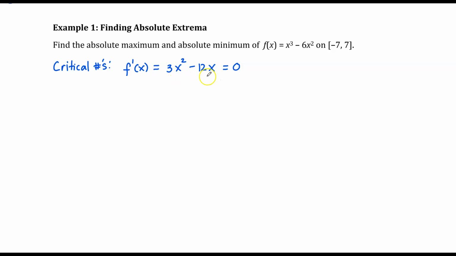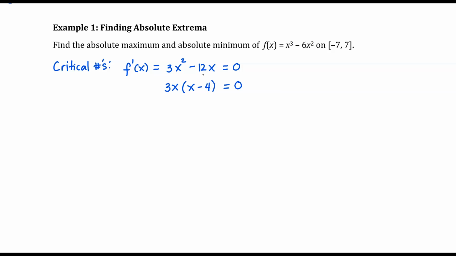Now, to find the zeros, we have to factor this expression. The common factor is 3x. If you factor out 3x, you have x here, since 3x times x gives 3x squared. Then negative 12x divided by 3x gives minus 4. To check, negative 4 times 3x is negative 12x.